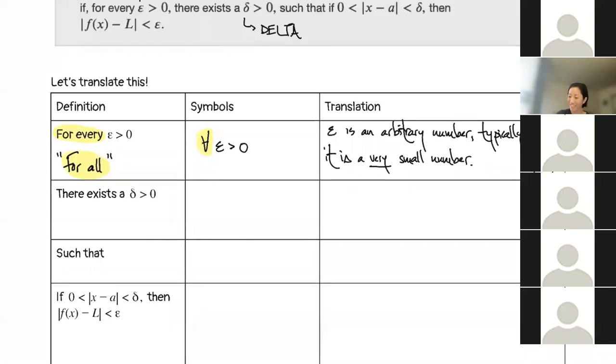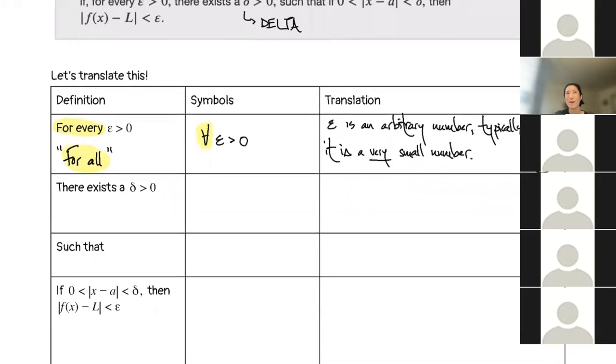If you are taking Math 250, which is discrete math here, you'll use these symbols a bit more.